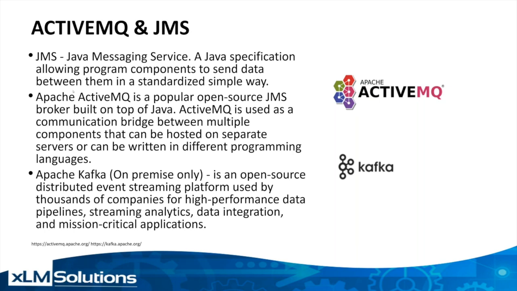So JMS, or Java Messaging Service, the Java Messaging API, is basically a Java specification that allows two programs or two components to communicate amongst themselves in an asynchronous, reliable way using a standardized Java-based messaging system.